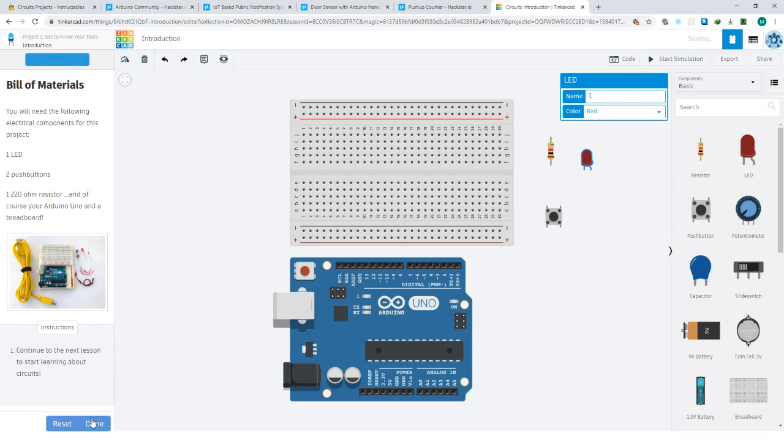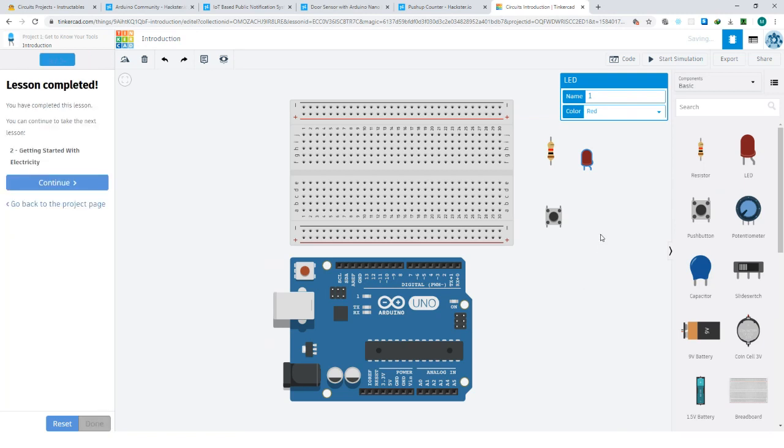So you keep looking, and you're told, can you bring those items? And you'll be able to. You see, lesson is complete. Why? Because I've now known how to drag the equipment, or rather the devices which are needed for me to learn Arduino. So it will take you step by step. Kindly have a look at this wonderful resource, and it will be very good for you.